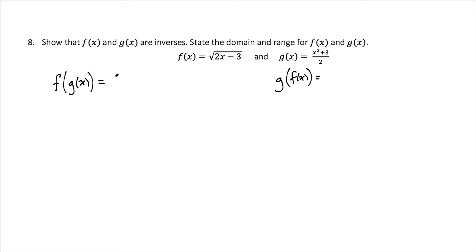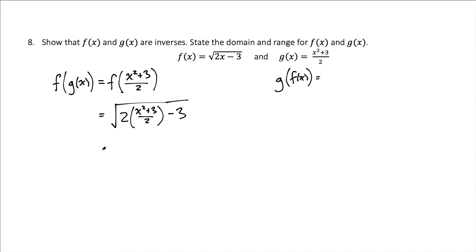So first, for f of g of x, g of x is x squared plus 3 over 2. And now we apply f to that input. So f is the square root of 2 times the input, and then minus 3.